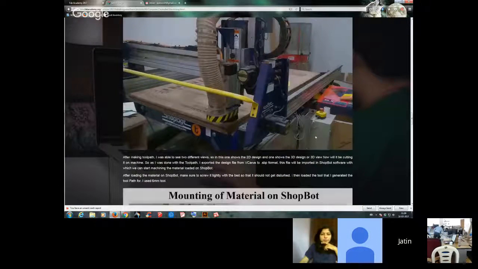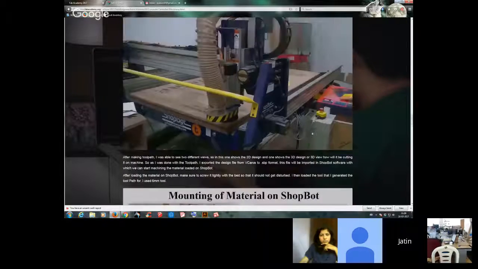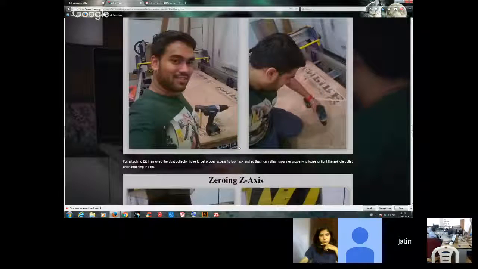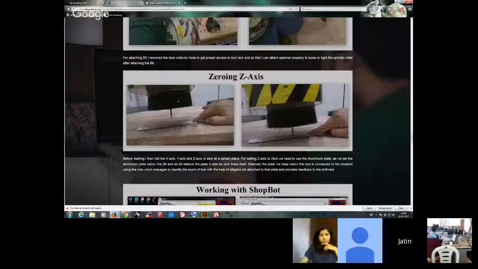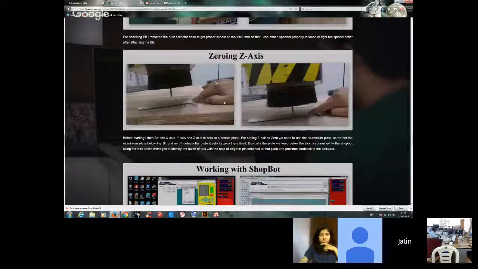Then after that, I made the tool path and entered it into the Shopbot. So this is the Shopbot, and this is me mounting the plywood sheet on it. This is how I zeroed the x and y axis and how I zeroed the z axis.